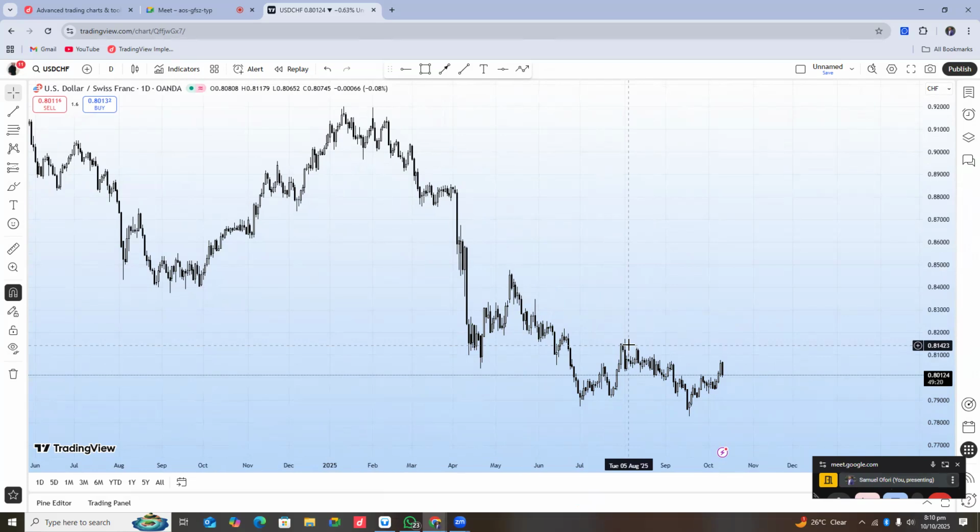So we are going to apply what we call the 5 second rule. By 5 second rule, what we mean is that whenever you open the chart, under 5 seconds, you should be able to tell the trend of the market. If you have to think beyond 5 seconds, it means the market is consolidating, or the trend is not properly aligned.